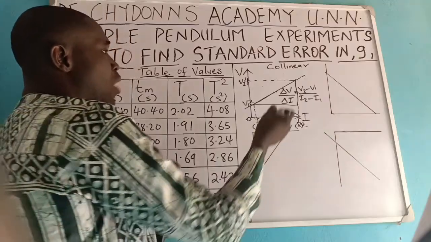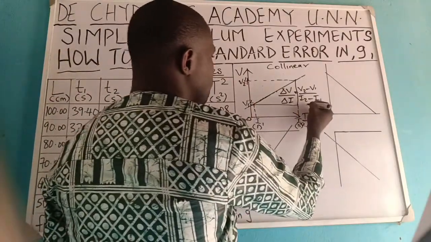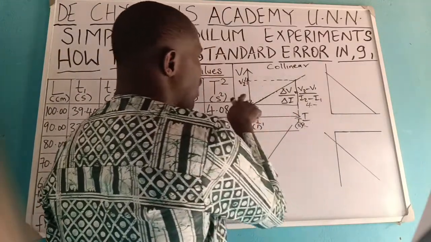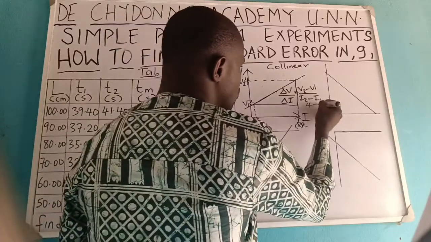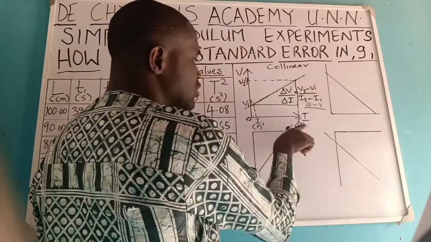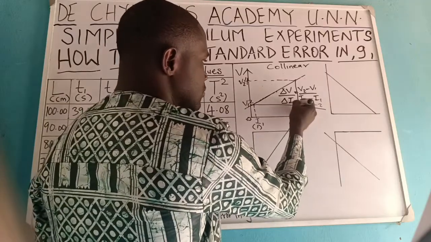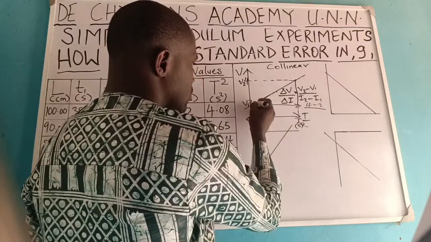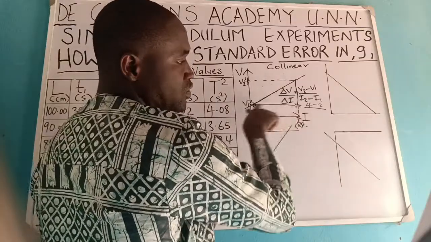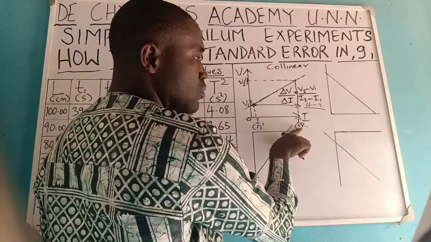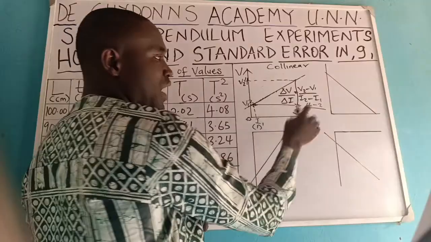And so our V2 will be what? 4. Minus our V1 is what? 2. All over our I2, where the vertical and the horizontal meet. Let here be our 5.